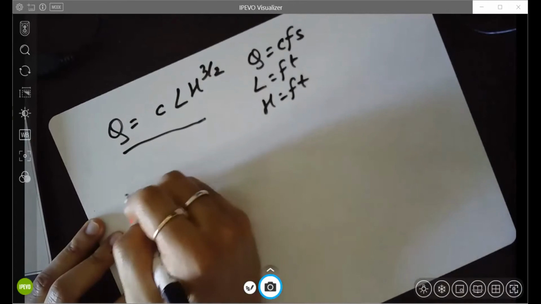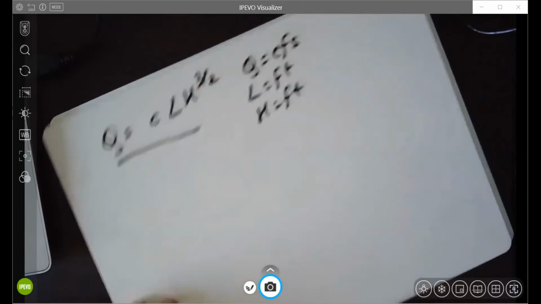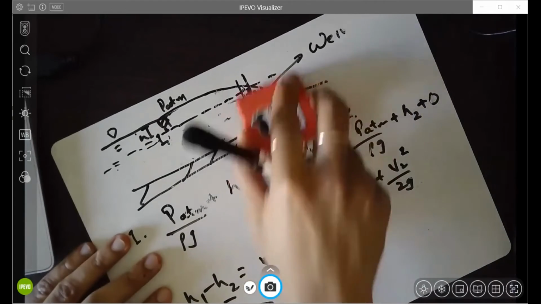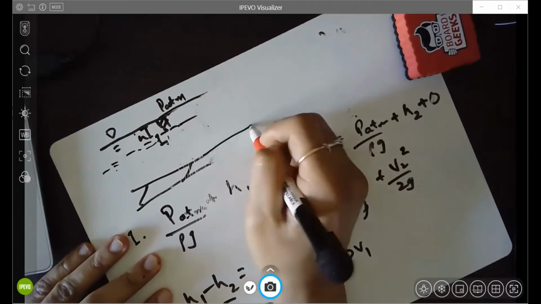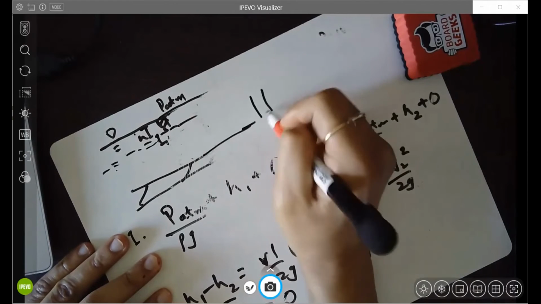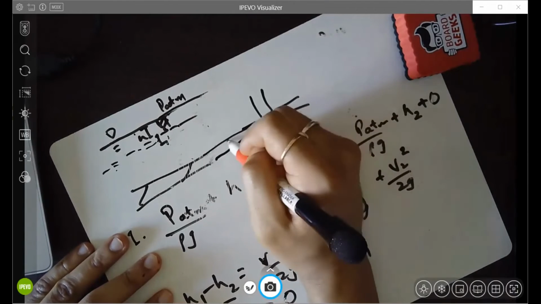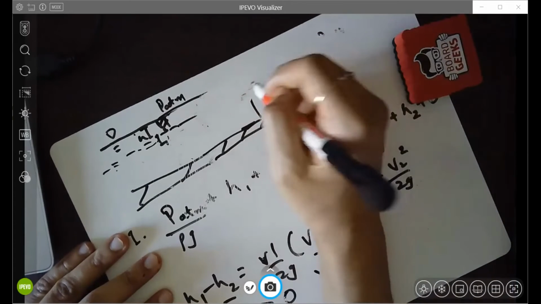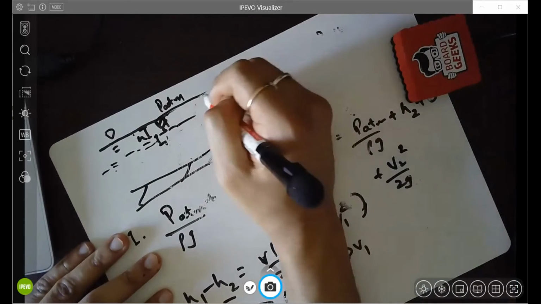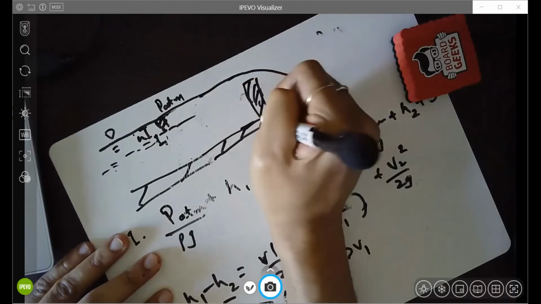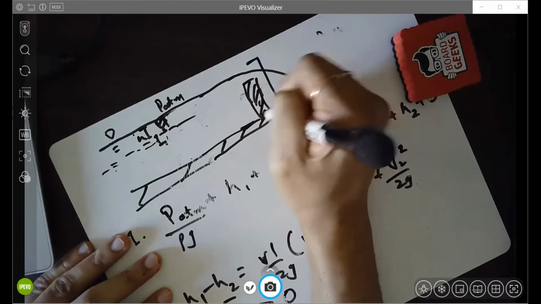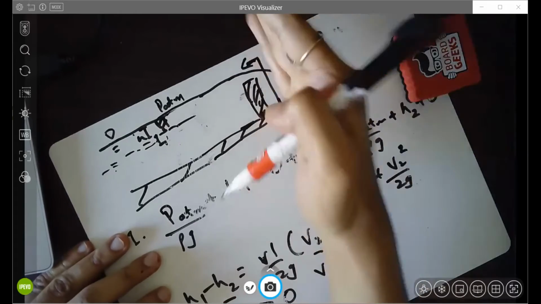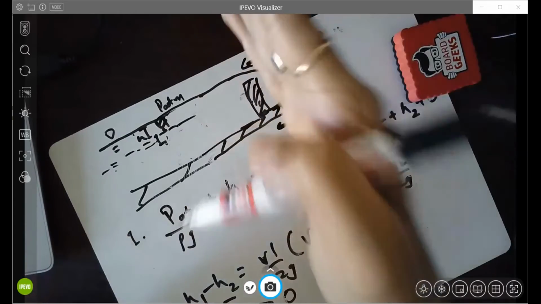Okay. So this is a weir. If we come back to the weir, I'll take a plan view of this, and a section view this way.